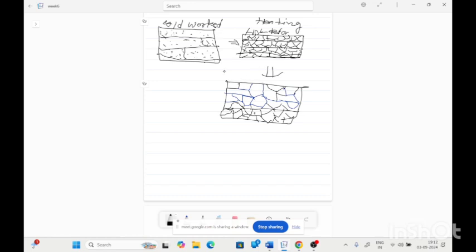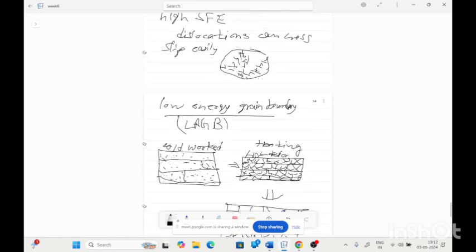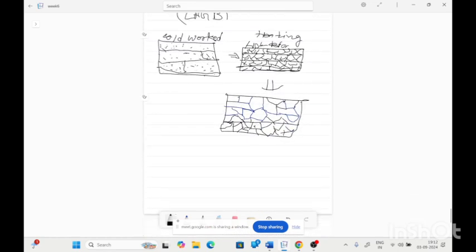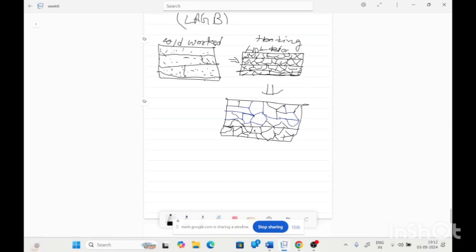Due to the formation of these dislocation sub boundaries, they will rotate and form these high angle grain boundaries. First these are low angle grain boundaries, and after rotation the blue grains are formed because of the lattice rotation.